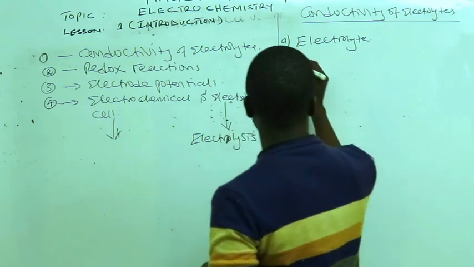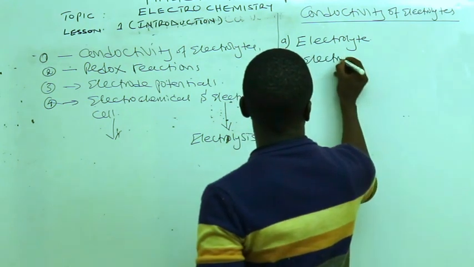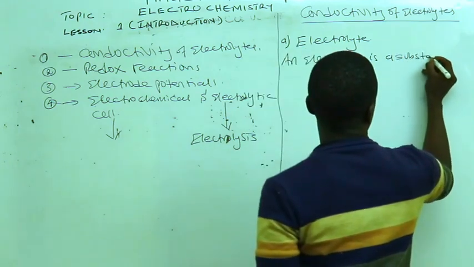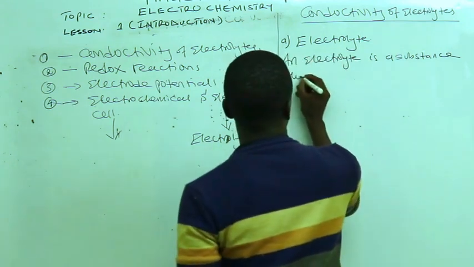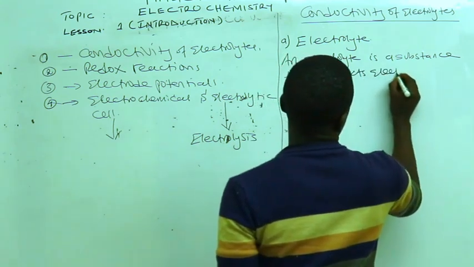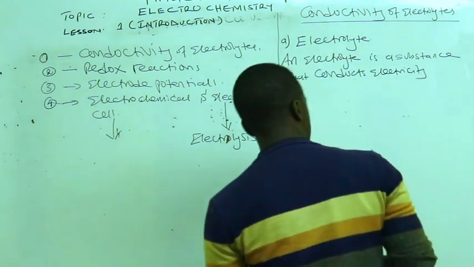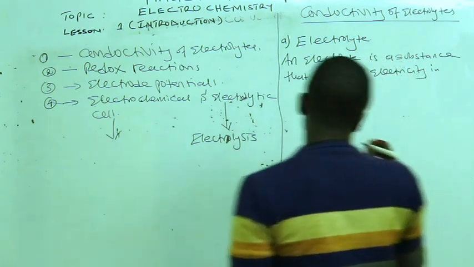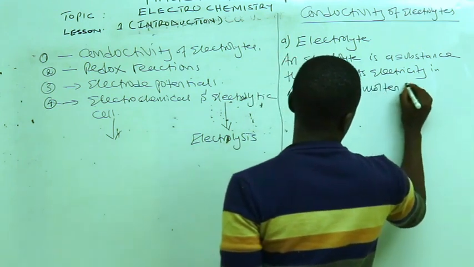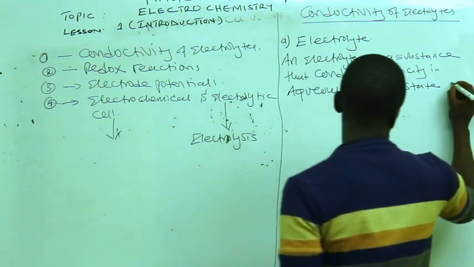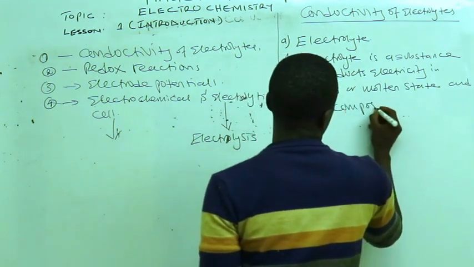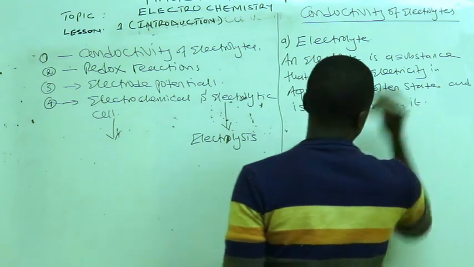So we shall be saying that an electrolyte is a substance that conducts electricity in aqueous or molten state and is decomposed by it.